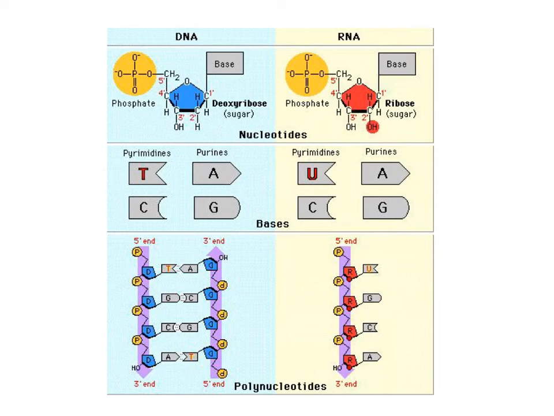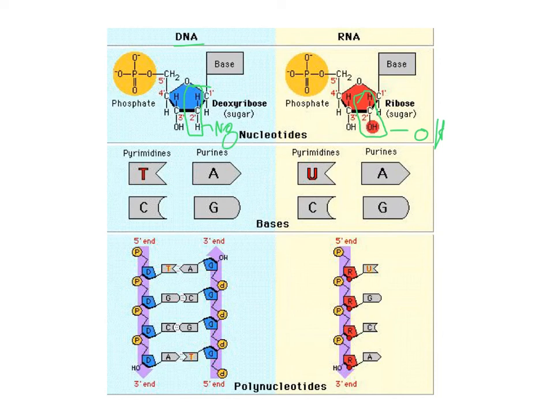So now we're going to go back to your sugar molecule that you made. And this is now the second carbon. So on the second carbon of RNA, you have an OH molecule. On the second carbon of DNA, there is no O. Hopefully you guys see that, right?